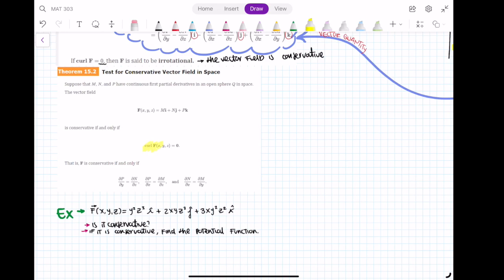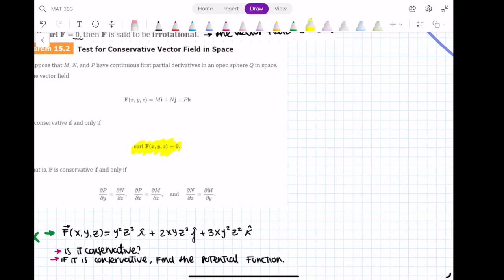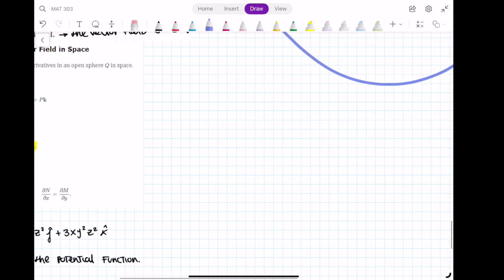We need to know that the curl of f of x, y, and z is equal to 0, and also we can add a note that they can say f of x, y, and z is equal to M i hat plus N j hat plus P k hat, right?